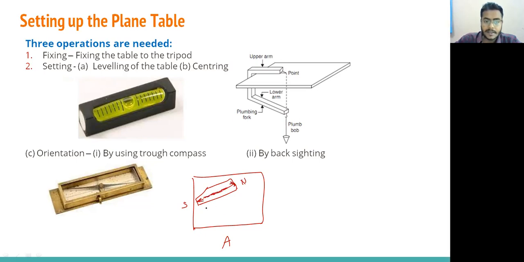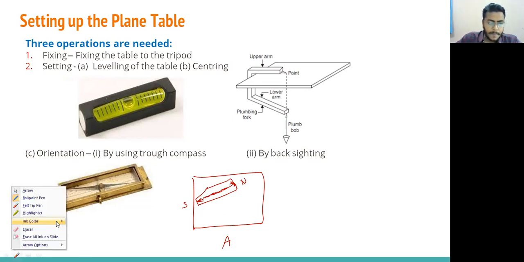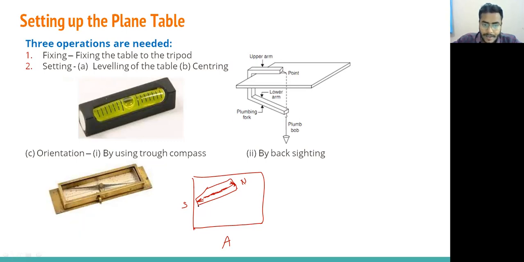If we have done this, then through this edge we can draw a line like this. So this line on the drawing sheet will represent the north and south.